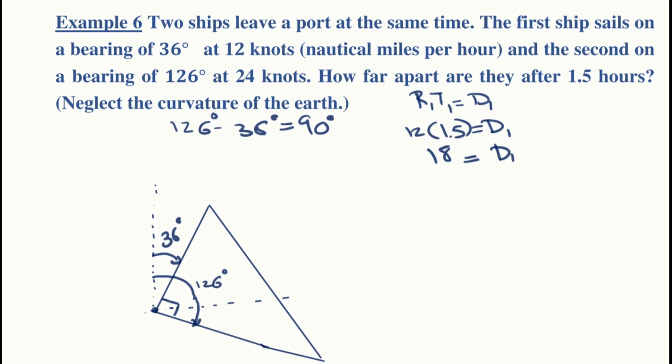That's nautical miles, of course. And the distance that the second ship travels, we can call that D2. This one is going at 24 knots, so 24 for the rate, for 1.5 hours as well.